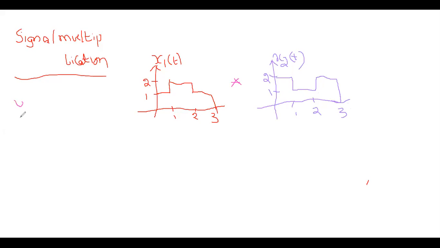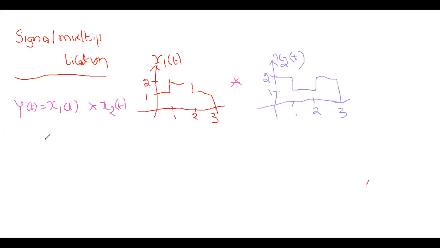So y of t can be obtained. y of t is equal to x1 of t multiplied by x2 of t. See, multiplication means what you are going to multiply? We are going to multiply the amplitudes only.